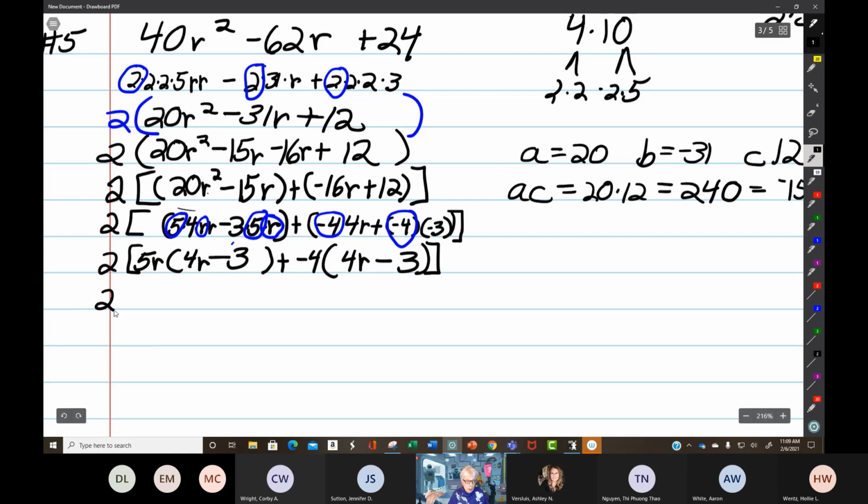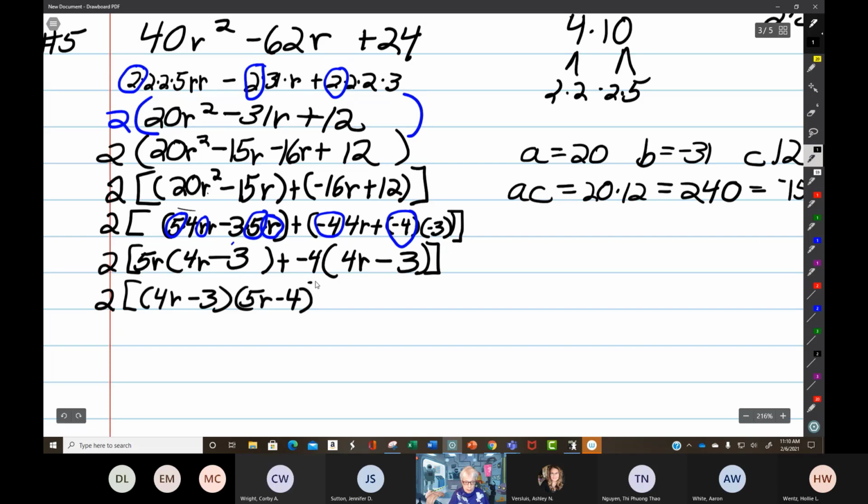So I have 2 times 4R minus 3, and then parentheses leftovers. 5R plus a negative 4, plus times minus is minus, so this is going to be 5R minus 4.